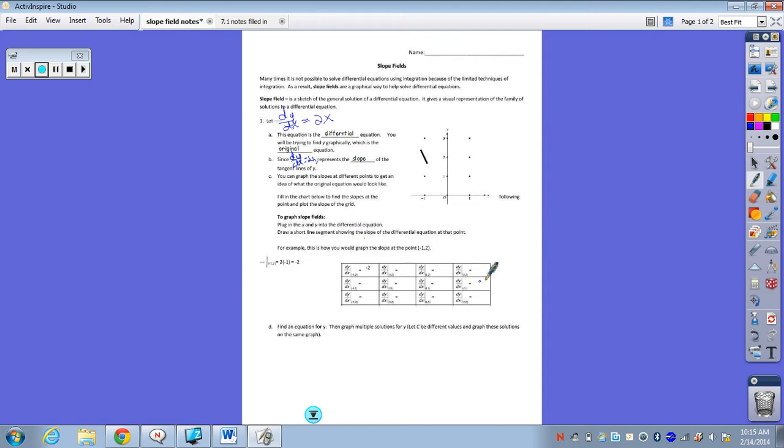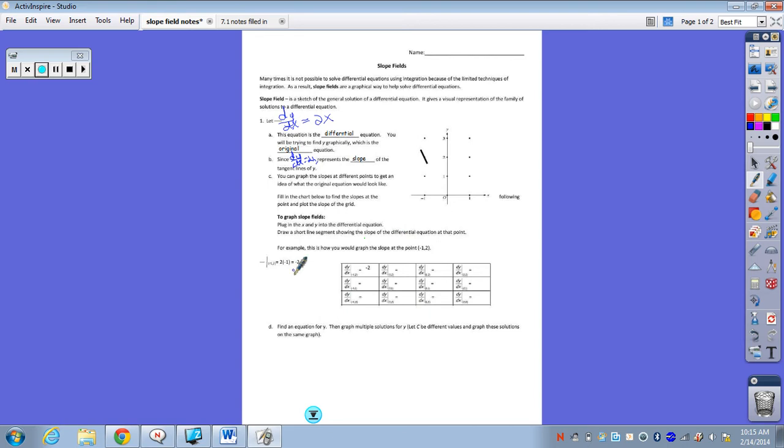So we're going to fill in this chart to find the slopes at different points and plot the slopes on the grid. To graph slope fields, we plug the x and y values into the differential equation, and we draw short line segments like this one that show the slope. If you have a ruler, it sometimes helps because then we can make the slopes the same at different points.